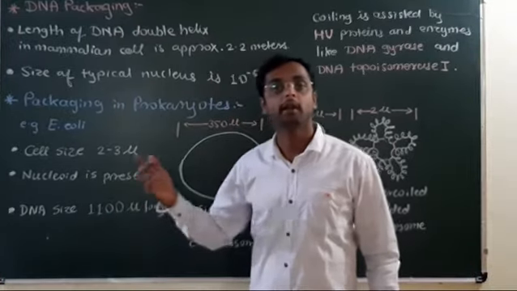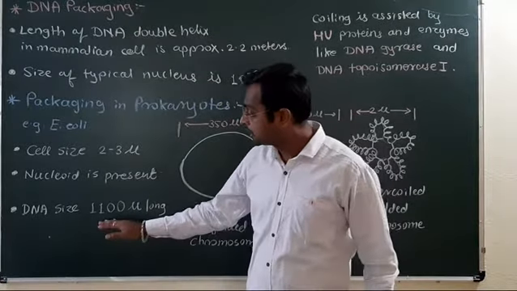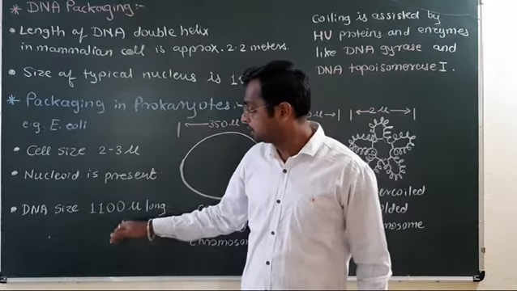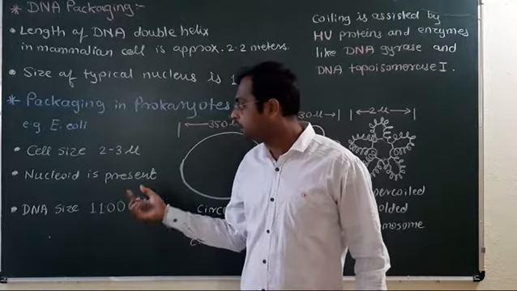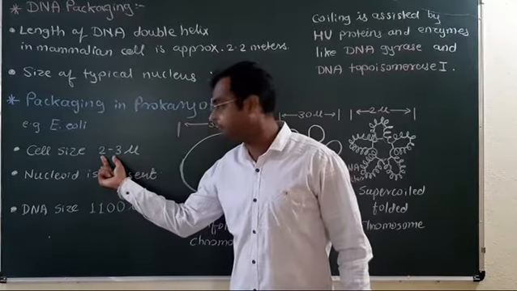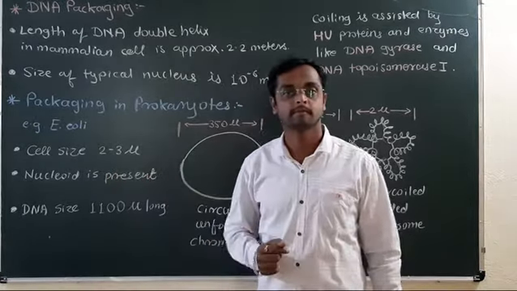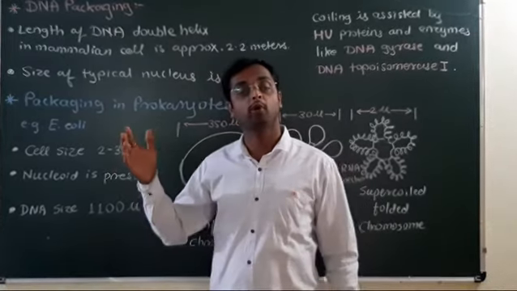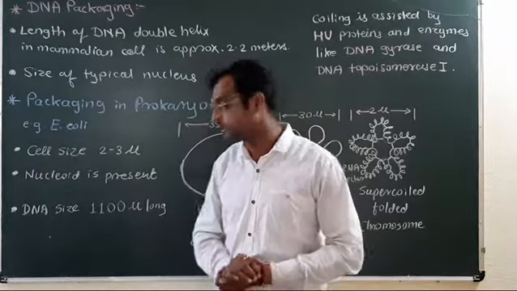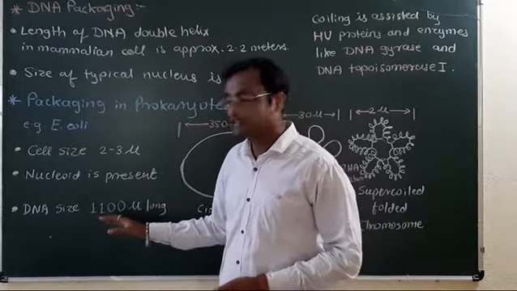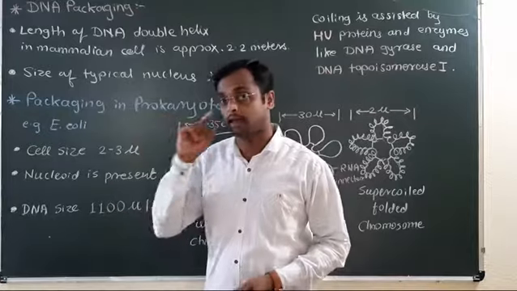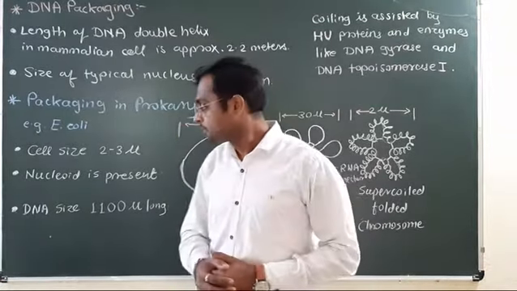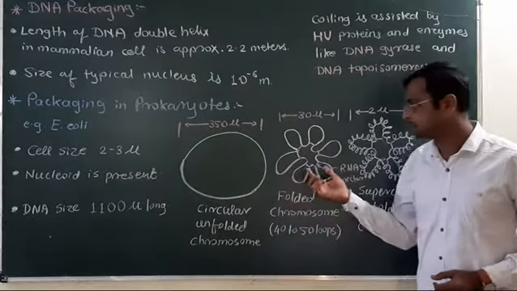Now, how does this huge DNA get accommodated in such a tiny cell of 2 to 3 micron size? The DNA has approximately 4.6 million base pairs. The answer is that this is possible because of the packaging, and in prokaryotes the packaging is like this.